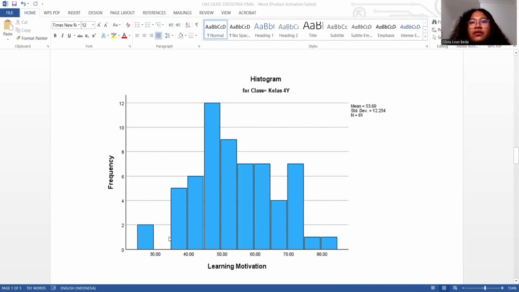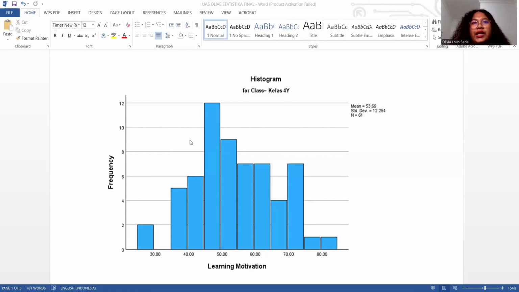Let's see class Y. Even though there is a little bit of a gap here, let's define the pattern. This side is lower, which means the tail is skewed to the right side.